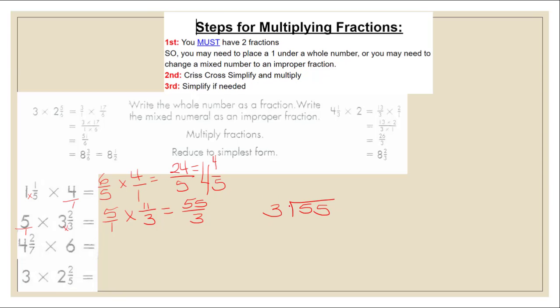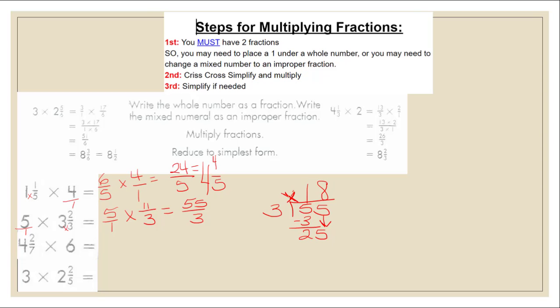Goes into, how many times can 3 go into 5? 1 time. Multiply. 1 times 3 is 3. Subtract. 5 minus 3, 2. Bring down. Goes into, how many times can 3 go into 25? 8 times.